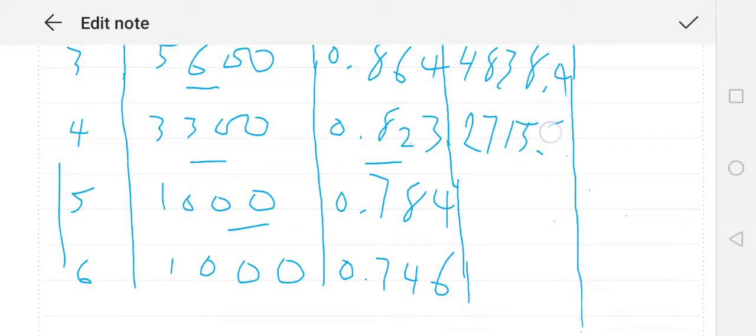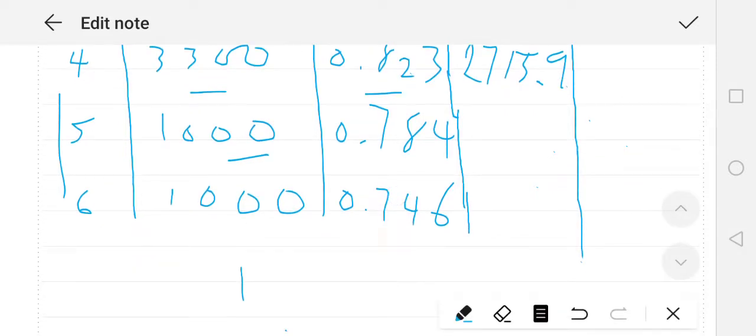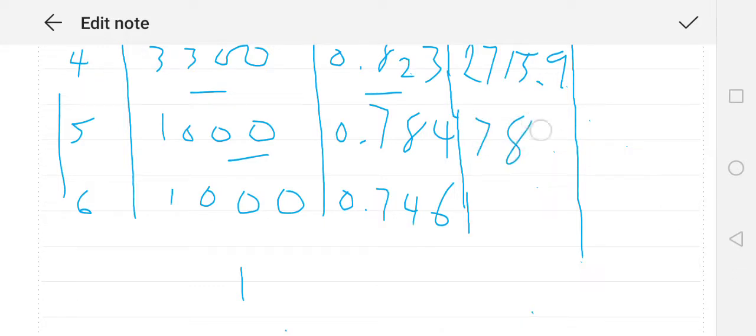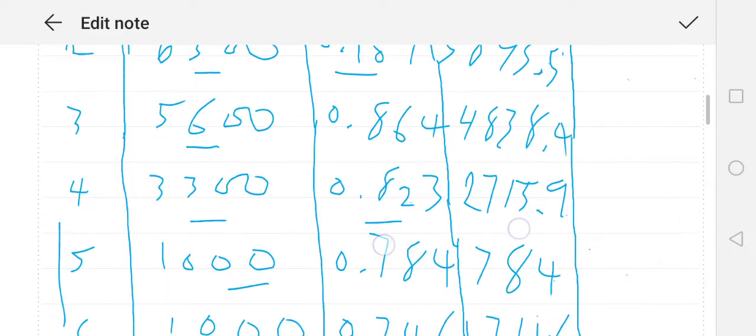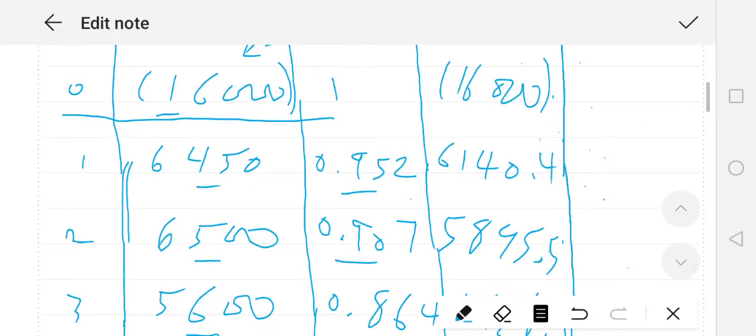Year 5 we have 1,000 times 0.784, and we are having 784. Then year 6 we have the same 1,000 times 0.746, and we are going to have 746. So that is the present values we have for the cash flows.